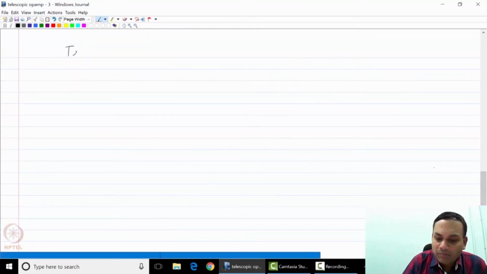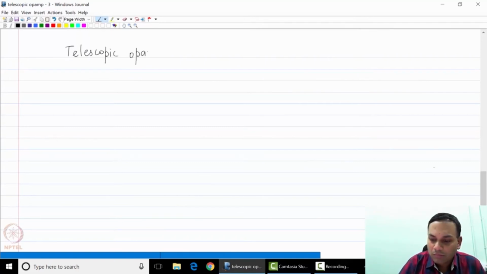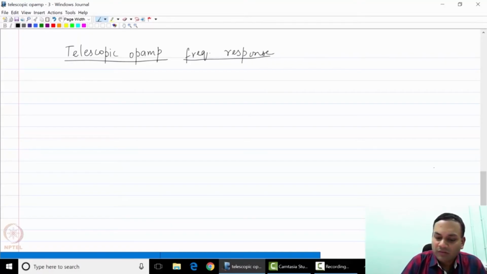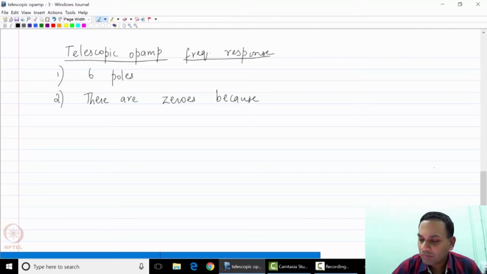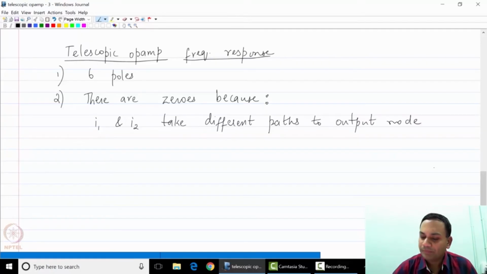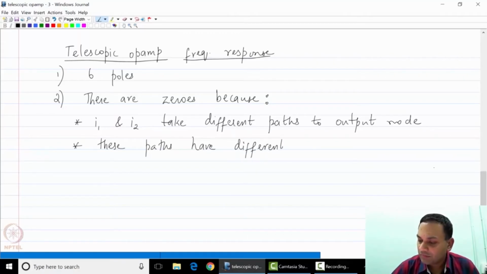So in the telescopic op-amp frequency response, we note that there are 6 poles and there are zeros because I1 and I2 take different paths to the output node, and more importantly these paths have different phase shifts that are frequency dependent.